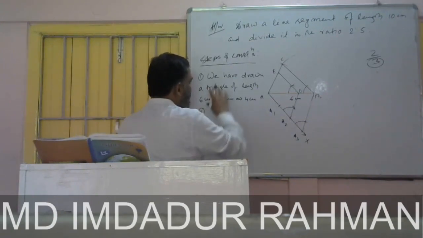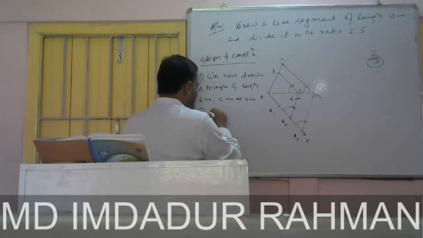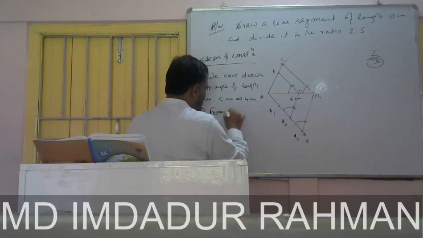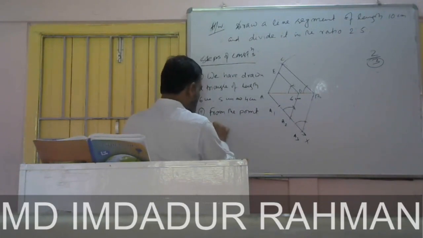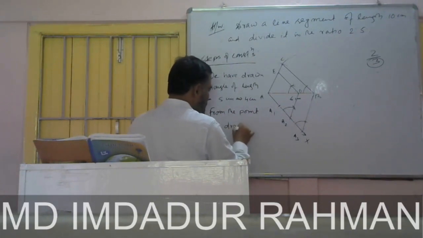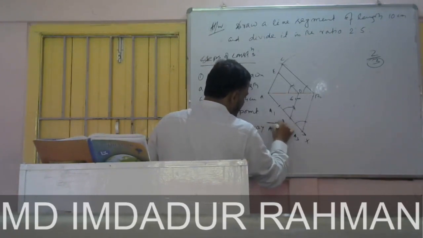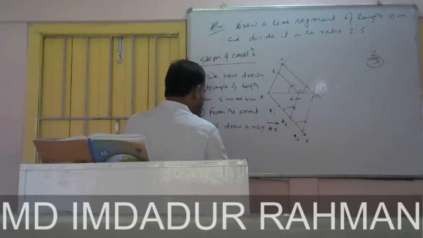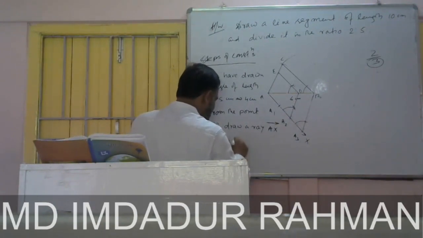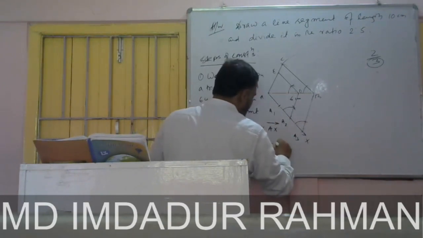Number 2, how it is drawn, no need to write. Number 2, from point A we draw a ray AX. This is symbol of ray AX, and divide it into 3 equal parts.